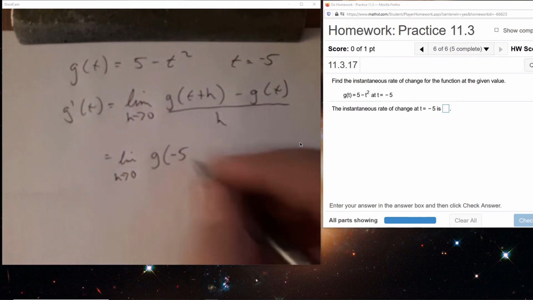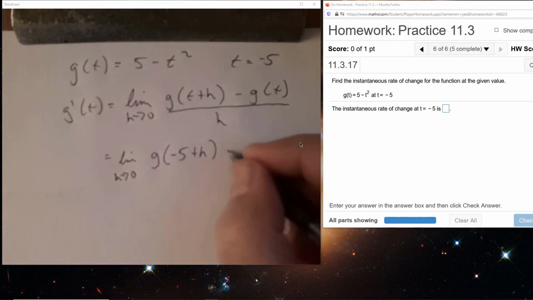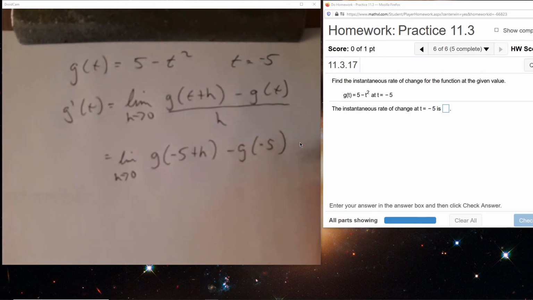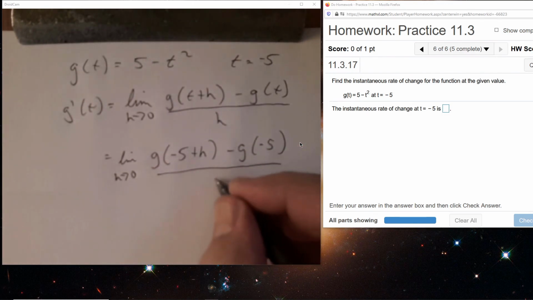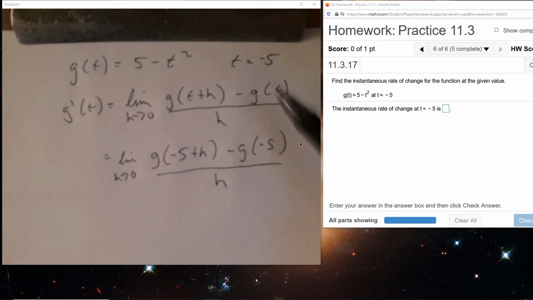I'm just going to plug the number in for t. Again, this is slightly less work, but it doesn't get us the function that is more valued, which is what we'll do in the next homework. So for this first homework, just plugging the number in first. The next homework, however, we will plug this number in last.